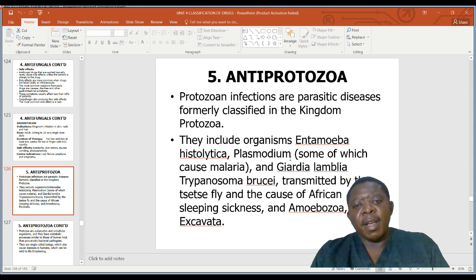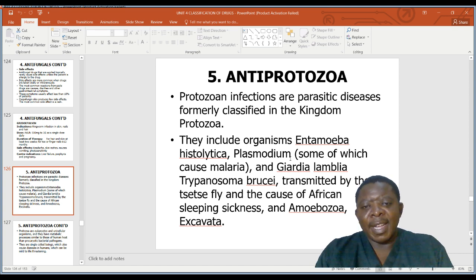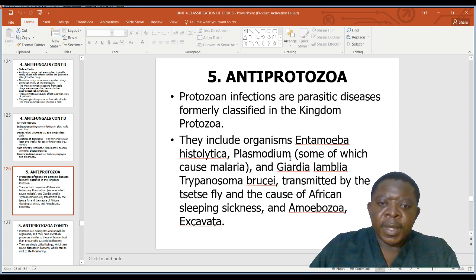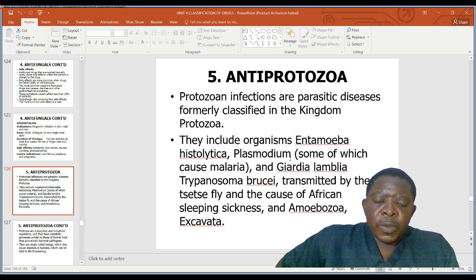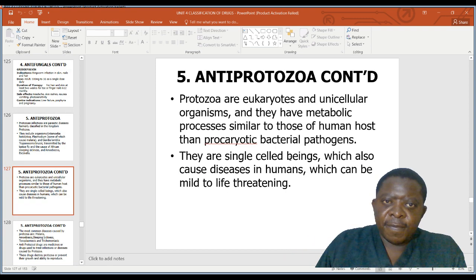We have Trypanosoma brucei, transmitted by the tsetse fly, and they cause African sleeping sickness. And we have the amoeba, that is Amoebozoa, and Excavata.